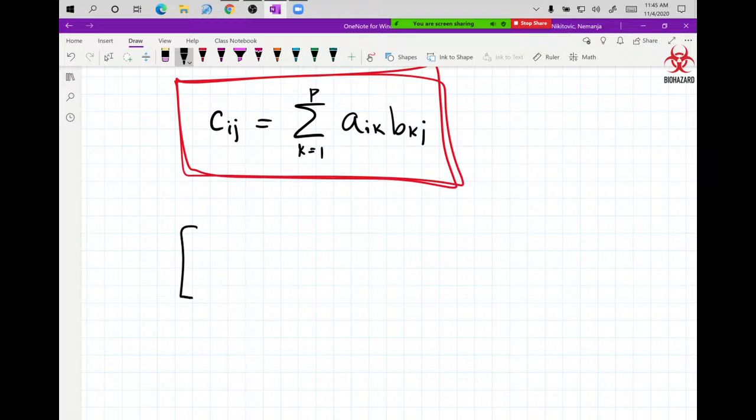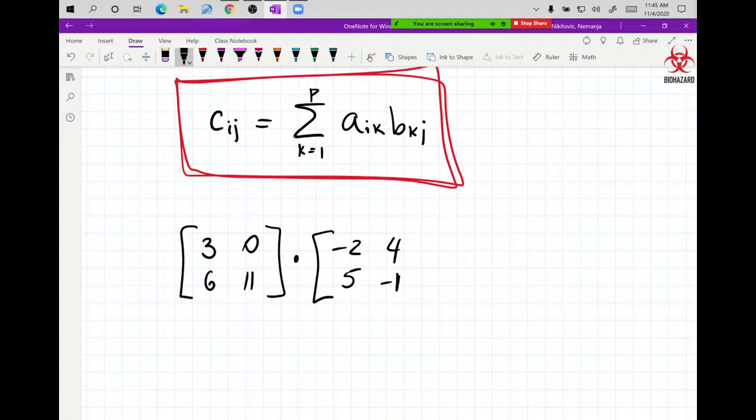So I'm just going to say I have 3, 0, 6, and 11 times -2, 4, 5, and -1, whatever. You can literally put any numbers you want. But I wanted 2 by 2 times 2 by 2 because they're definitely compatible.